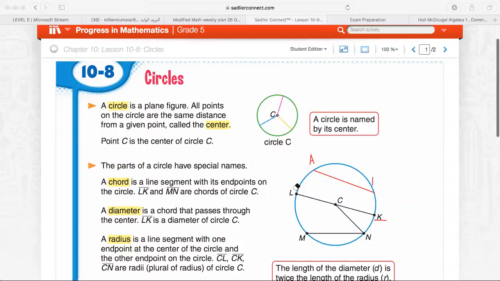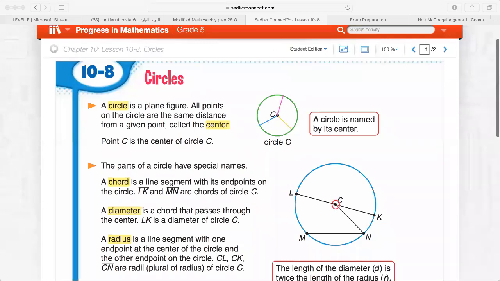Okay, let me erase this one. So now I have LK. Why is LK a diameter and MN is not a diameter? Because LK passes through the center. LK is a chord that passes through the center. Here is the center.